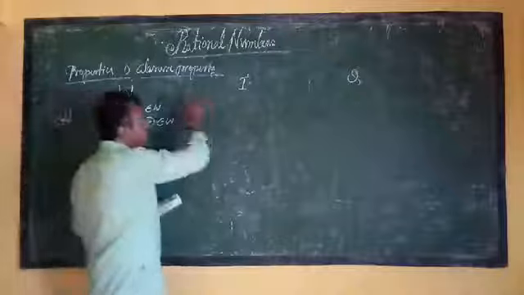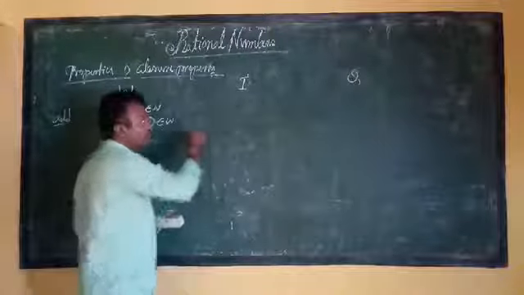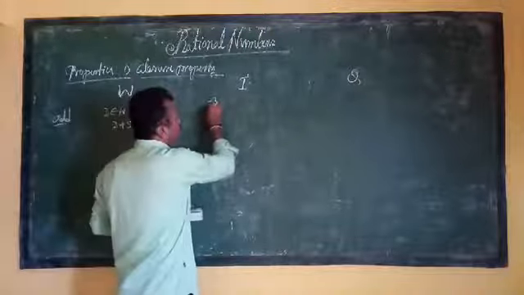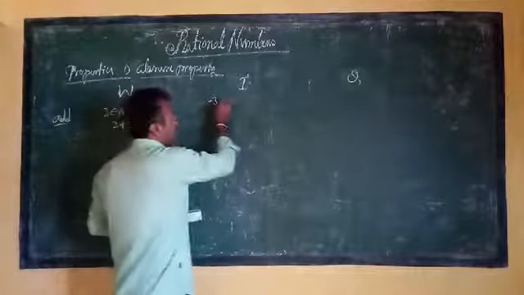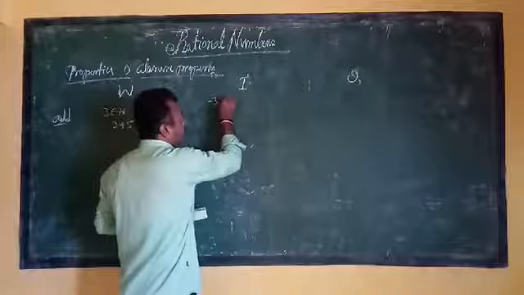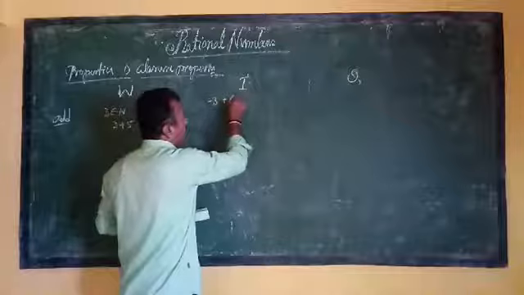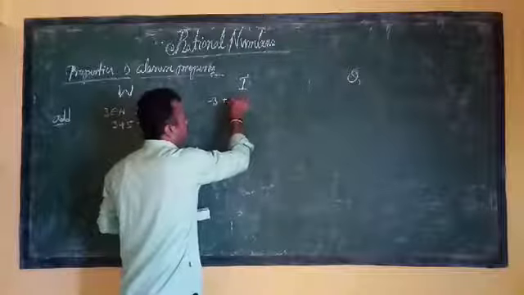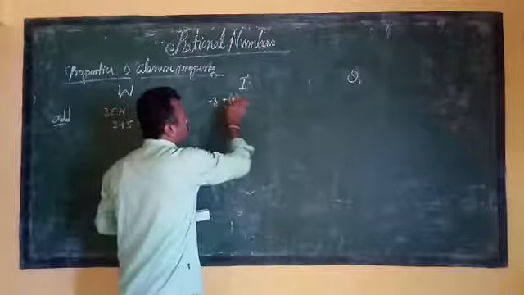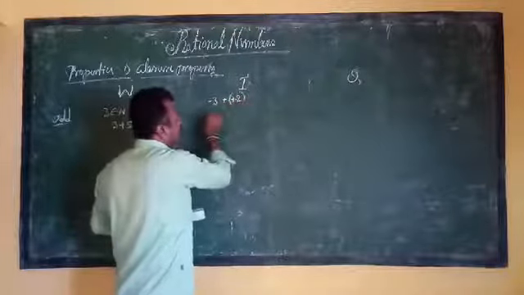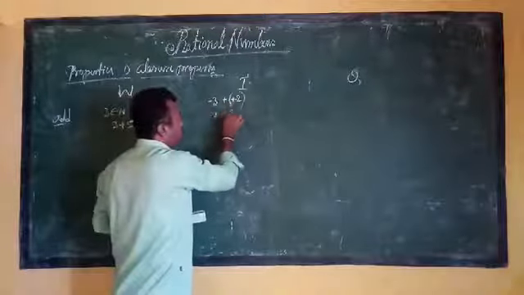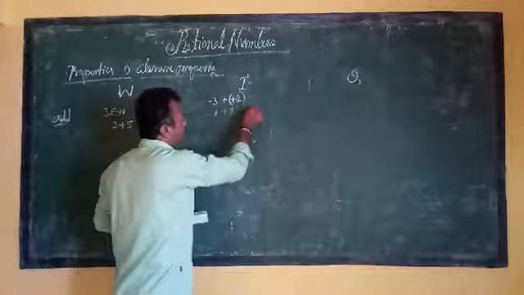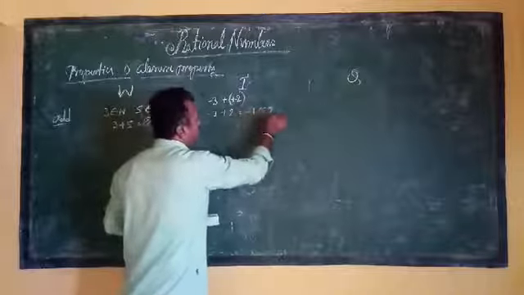Next one, integers. Is it satisfied under addition or not? Closure property. So minus 3 is one of the integers and plus 2 is one of the integers. Now minus 3 plus 2 becomes minus 1, so it belongs to integers.